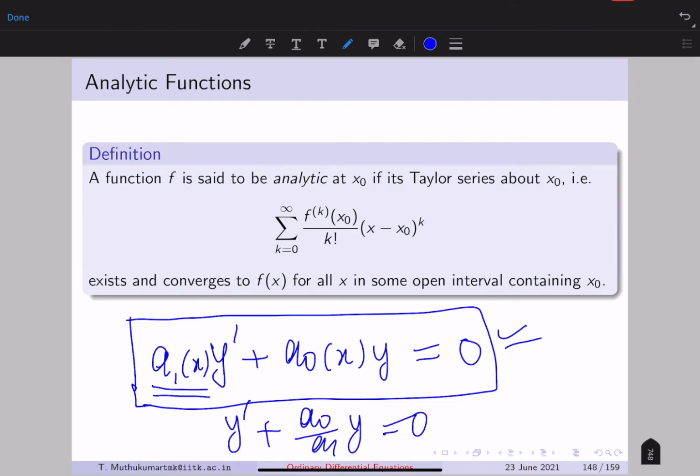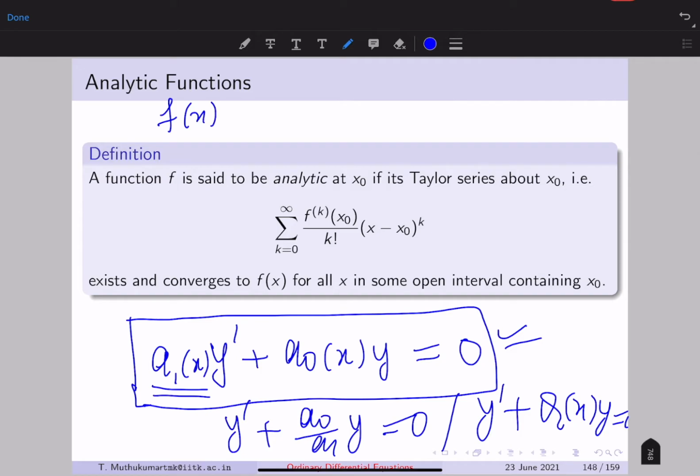In general, I could start with an ODE in the normalized form, y' plus P(x) y equals Q(x). Why are we introducing analyticity? When we say power series, you already know what a power series is.